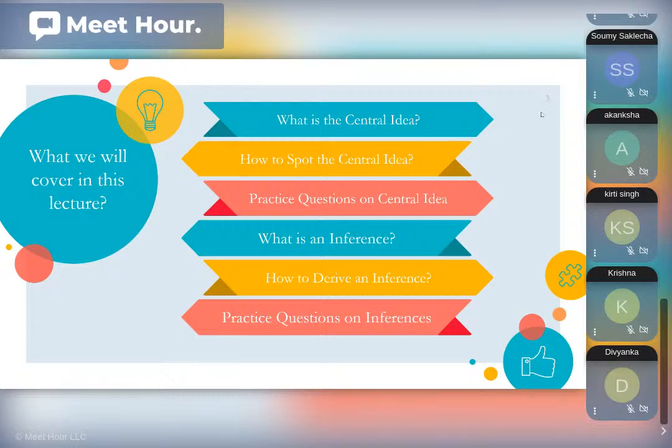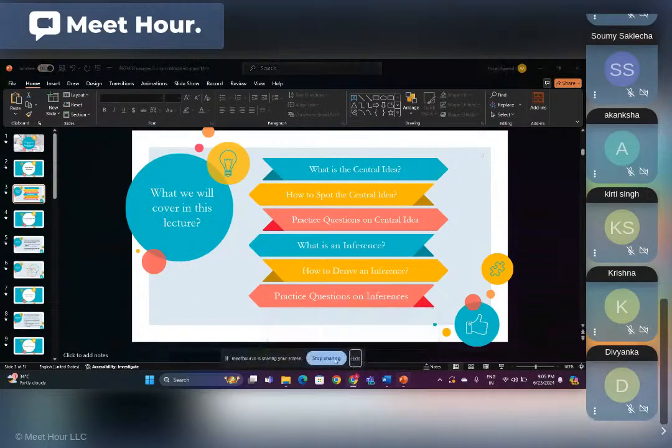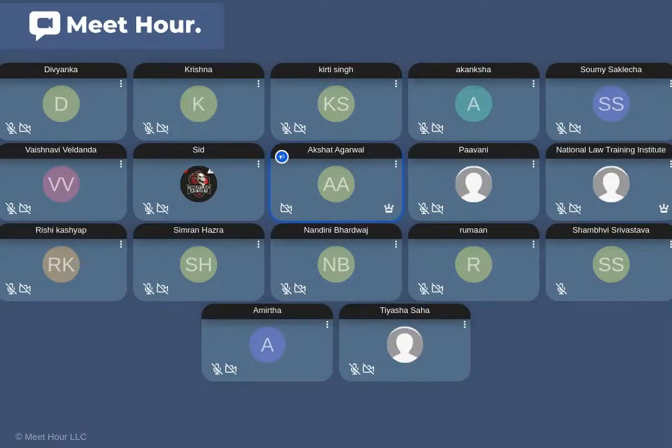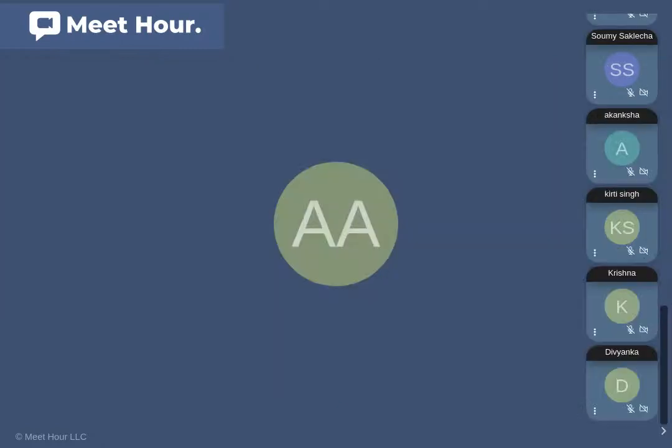Before I proceed, tell me if there are any doubts. So that's what we're going to do in the session going forward. Just a second.